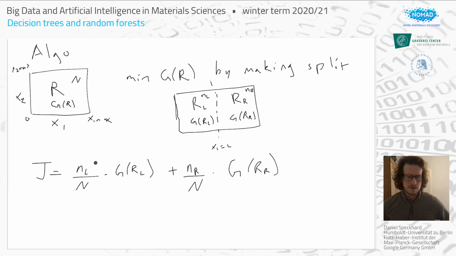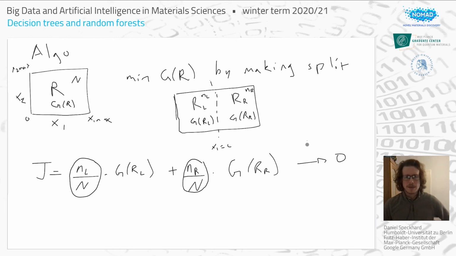So we weight it by the fraction of data points in this region. So we want to make splits that will make both of these regions as pure as possible. Great. So we want to make this as close to 0 as possible.